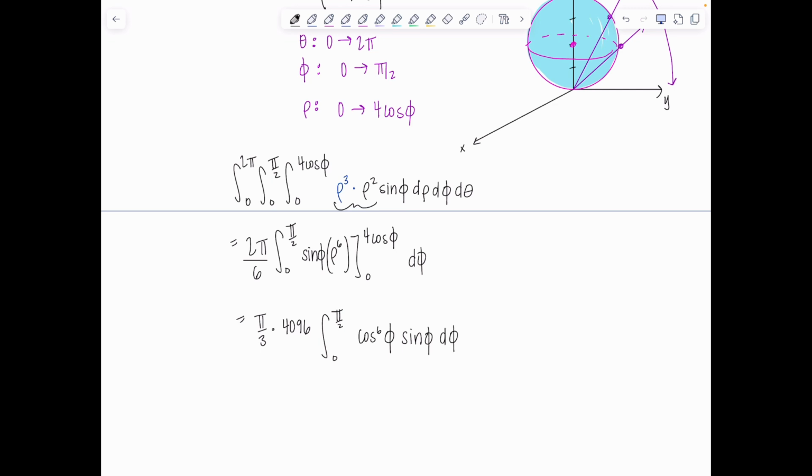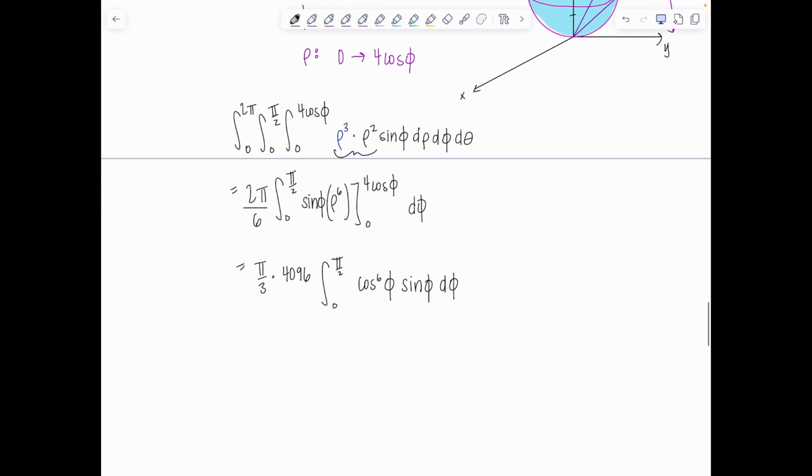And then from here it's the same u-sub we just did. u is cosine. Then you're going to pick up a negative, right? So negative pi over 3, 4096. Cosine will be raised to the 7th, so I need to multiply by 1/7. Cosine to the 7th phi from 0 to pi over 2.